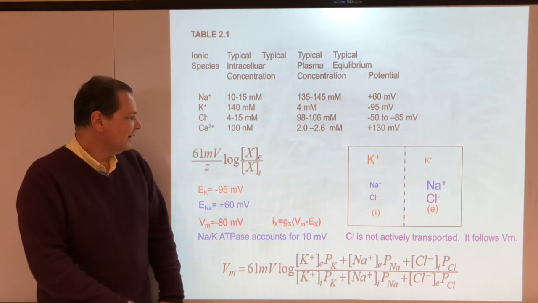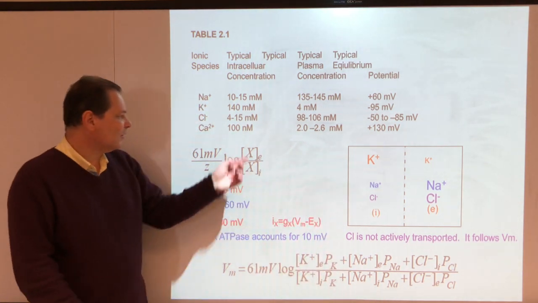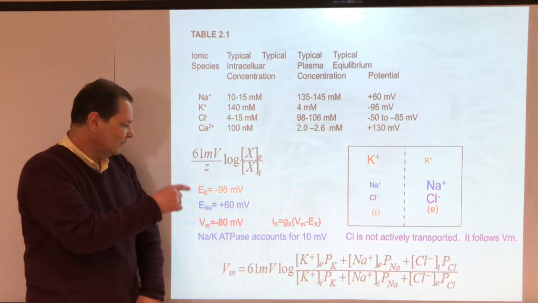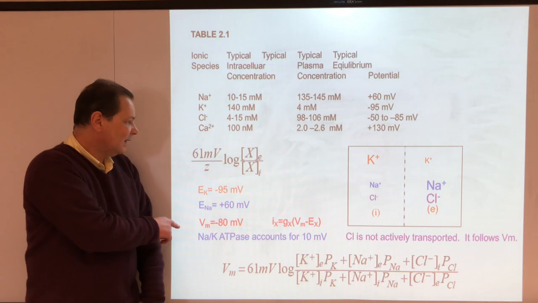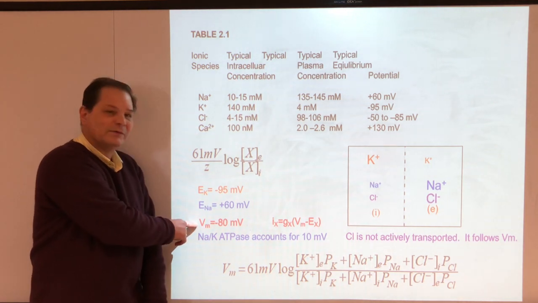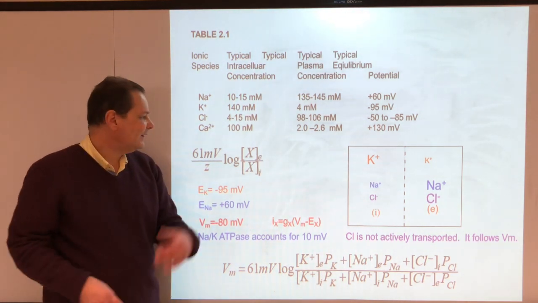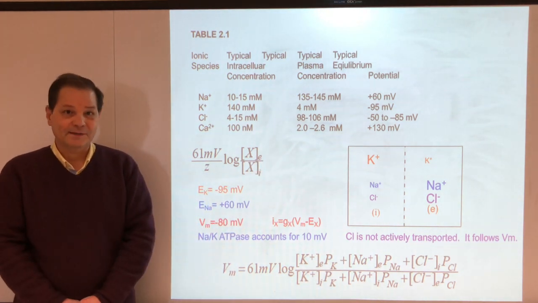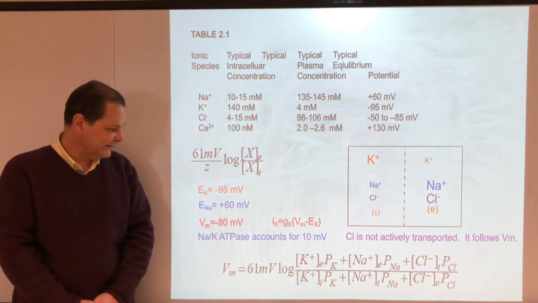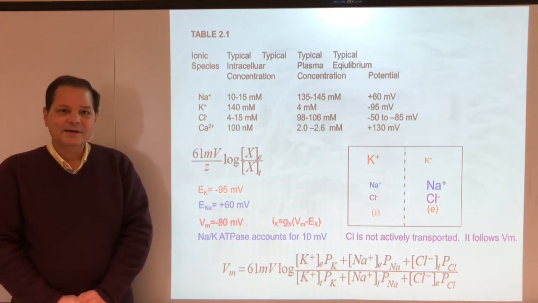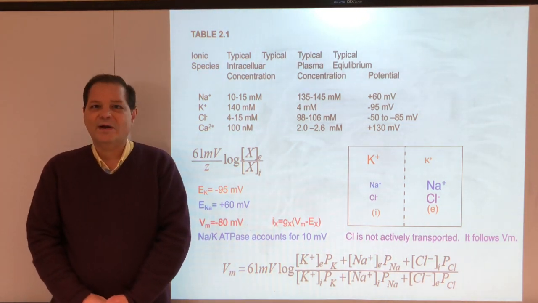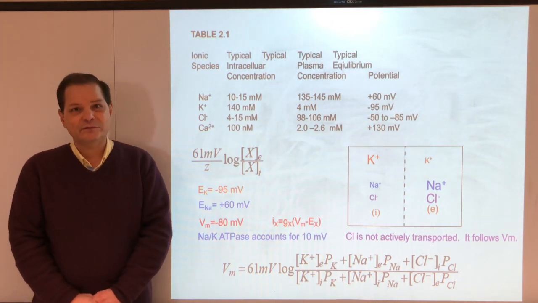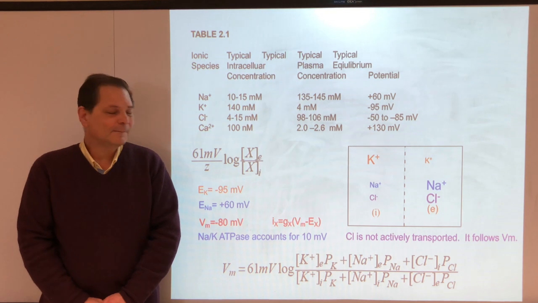In other words, it'll flow until I get a chloride gradient such that this Nernst equation, when calculated out, will give you an equilibrium potential that's equal to the membrane voltage. And when that gradient is established, chloride stops flowing, and that's where it sits in excitable tissues where they sit at the resting potential the vast majority of the time, which is true of nerve and skeletal muscle.